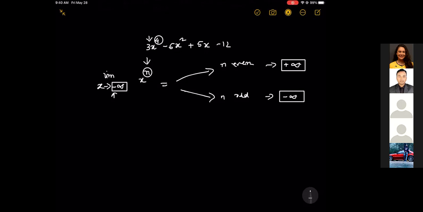If it's 1, then it's not a problem. But if it's negative, then it might change the direction. So you need to see the sign of the leading coefficient, not the other coefficients, by the way, only the leading coefficient. That means the coefficient associated with the highest power of x.